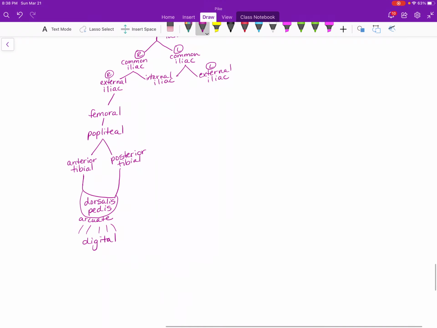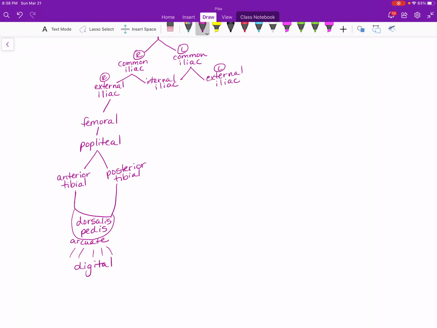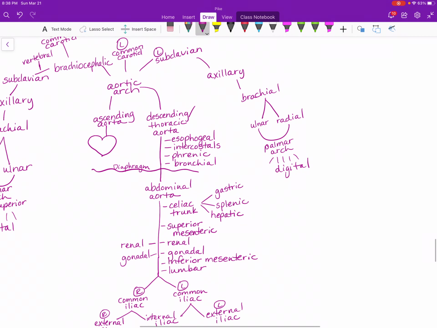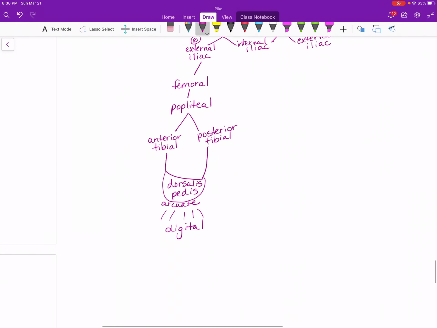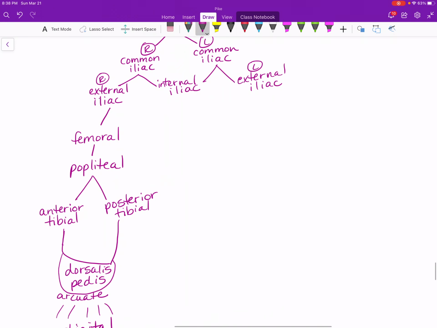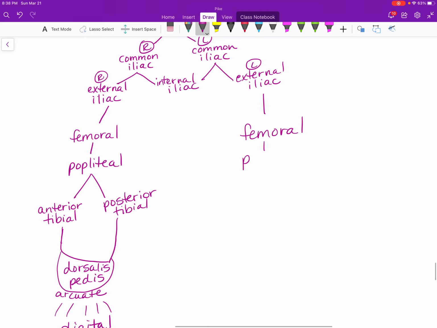Okay, and so I'm going to actually do the same thing on the left leg, just because I have both arms up here. And so let me go up a little bit. Okay. So quickly, in the thigh, you have femoral. In the knee, we have popliteal. Then we have a fork in the road. We have the posterior tibial going behind the tibia. And the anterior tibial.